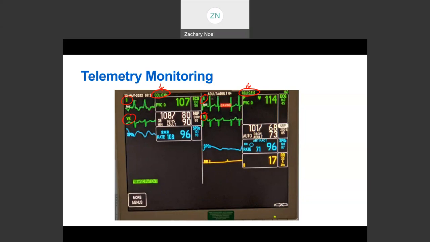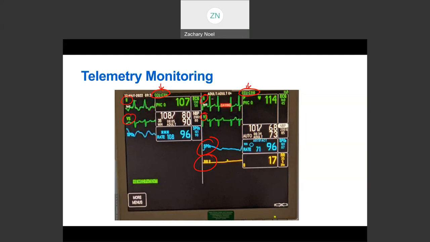Other waveforms that you're going to see on the screen: we have oxygen monitoring, we have respiratory rate. If they have an arterial line, you're going to see a red waveform that matches the arterial line. Do your best to tune that out, at least when it comes to the rhythm identification.